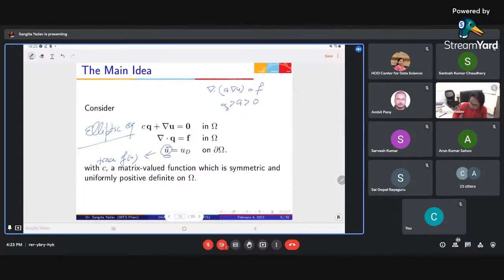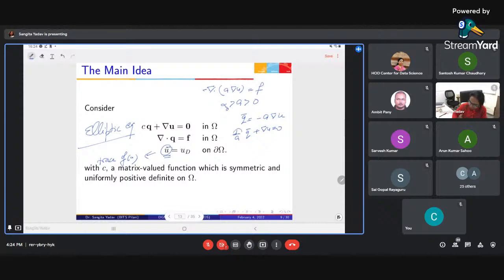For this problem, we introduce a new variable, the vector q, which is minus A times gradient of u. If I substitute, the problem takes the form divergence of q equals f. With simple manipulation, minus 1 by A q plus gradient of u equals 0.